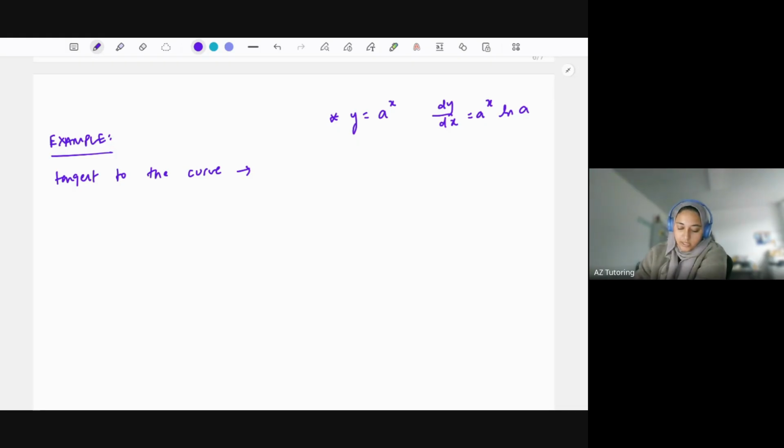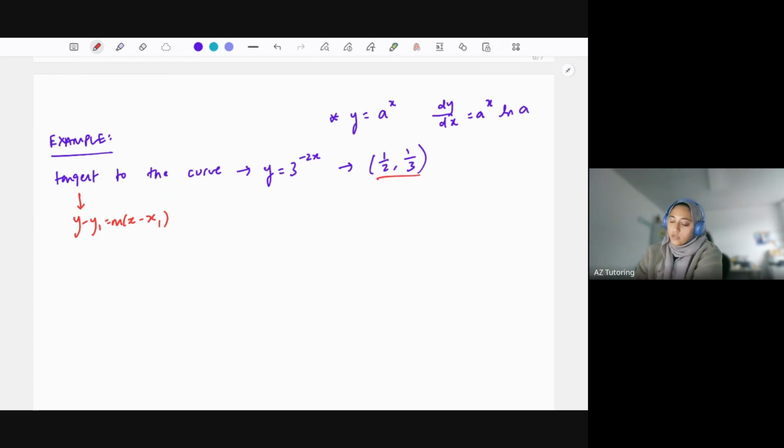The curve is y equals 3 to the power of minus 2x at the point (1/2, 1/3). So this is testing our knowledge from before as well. We need to find the gradient because we've already got our coordinates, and we need to differentiate this curve to find that gradient.